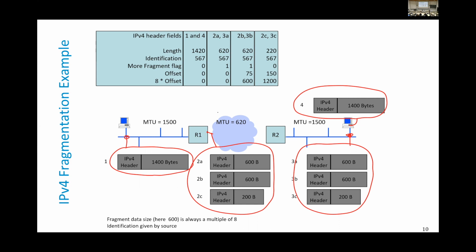By using the offset, we put the fragments at the correct place. If we find a fragment that has the more bit not set, we know it's the last one. And if there is no gap in between, we know we're finished. If we don't have a fragment that is the last one, it means one fragment was lost, which will once in a while happen, which means that when you're reassembling, you must handle this. How do you handle this? Probably with a timeout.